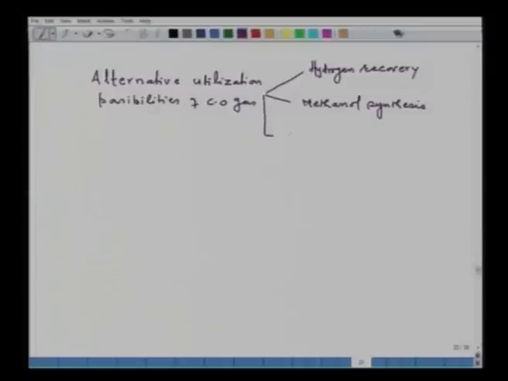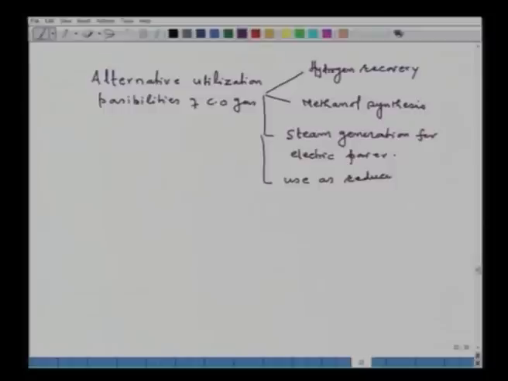Third, steam generation for electric power. Fourth, coke oven gas is hydrogen and methane, so one can think of use as a reducing agent in the BF.